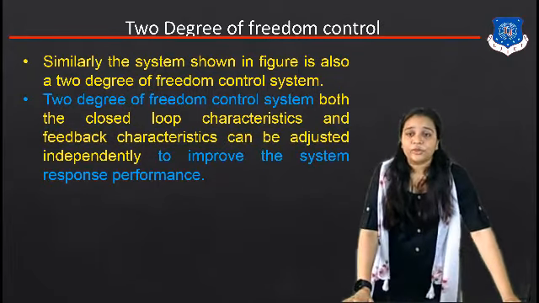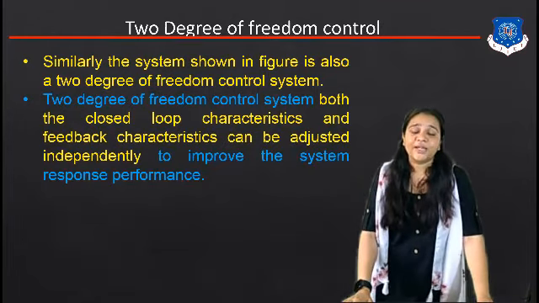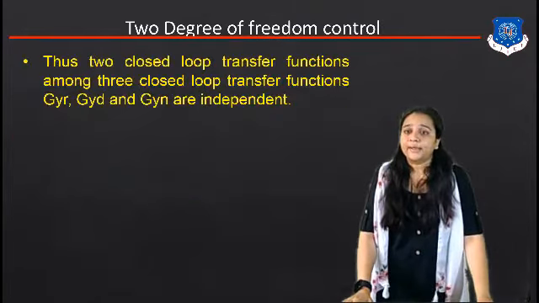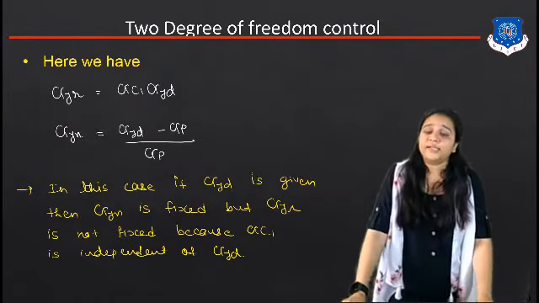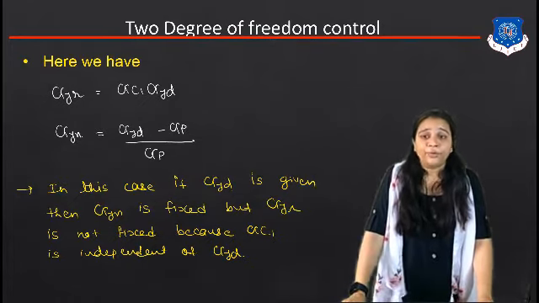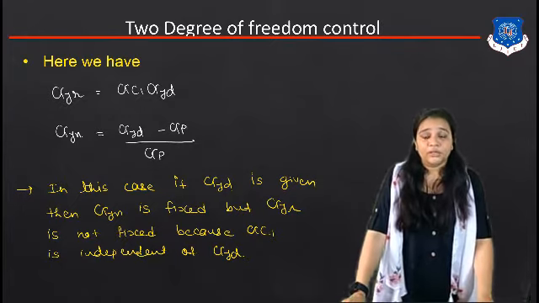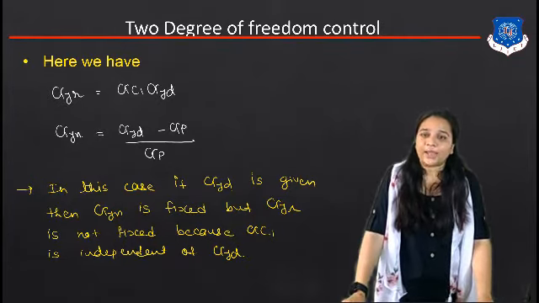So whenever you know the equation of the two degree of freedom control, like the Gy by R and Gy by D, you can easily find the error of the system. But here we don't know the value of the Gy by D. Okay, so it is very difficult to find the stability of the system.